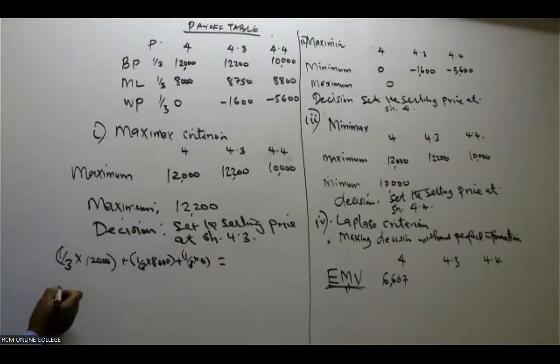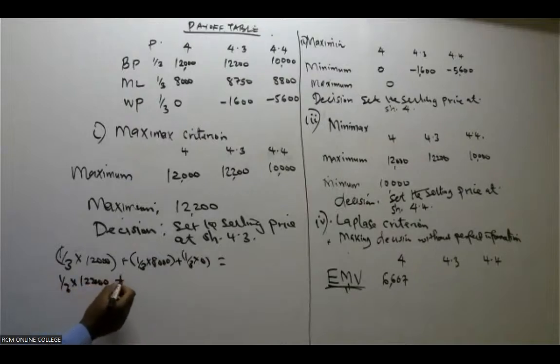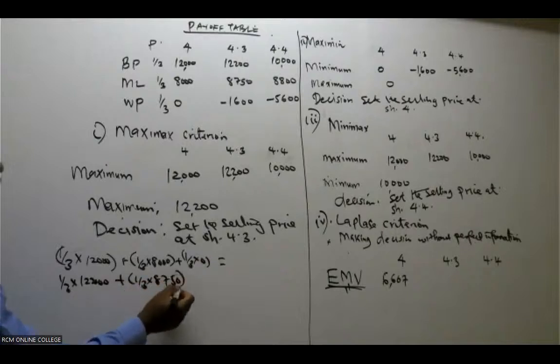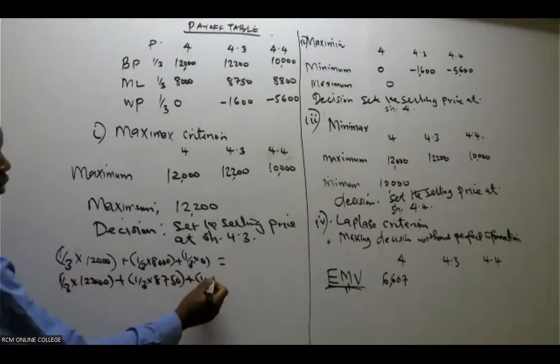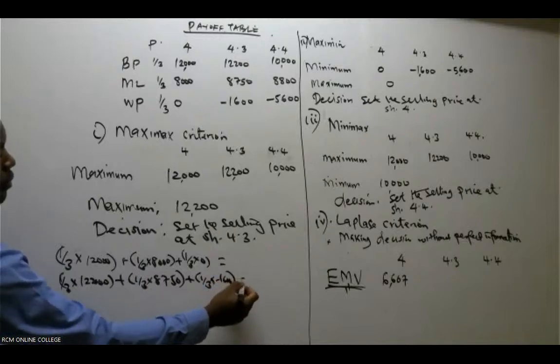Now the second one, we have a third of 12,200 plus a third of 8,750, a third of negative 1,600.